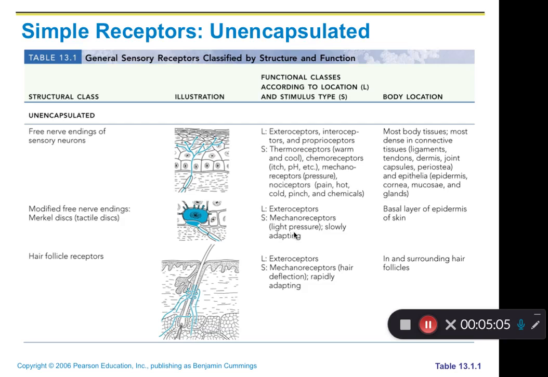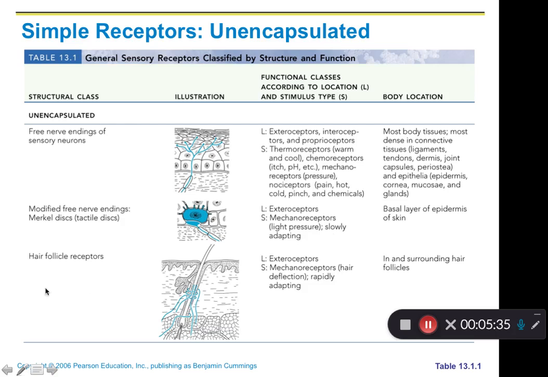They can detect low frequency mechanical pressure stimulus, that is, light pressure. It is found in the basal layer of the epidermis, so it is located in the upper layer of the skin.